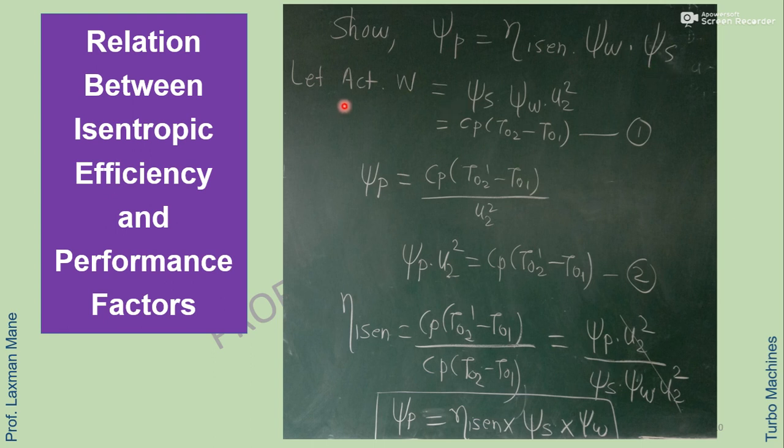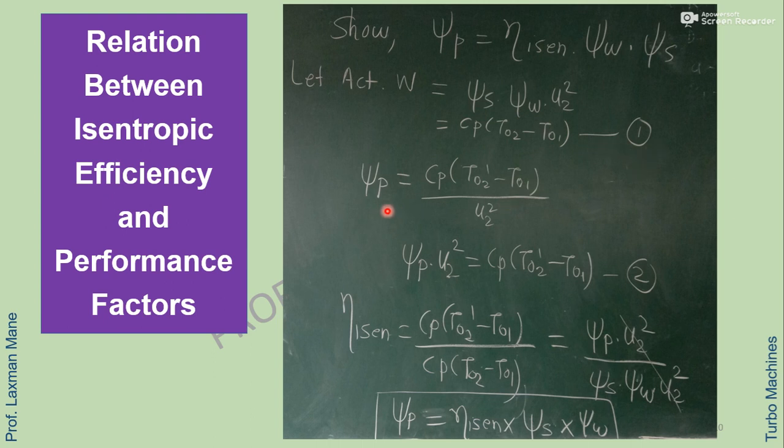Let us take the formula for actual work done, which is psi s into psi w into U2 square. In the last discussion we know that it is equal to the actual work done, that is Cp into T02 minus T01, say equation number 1.